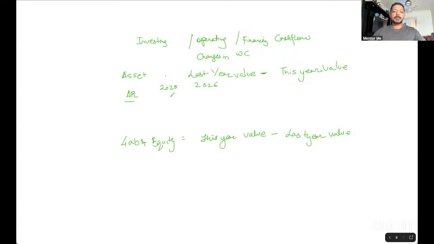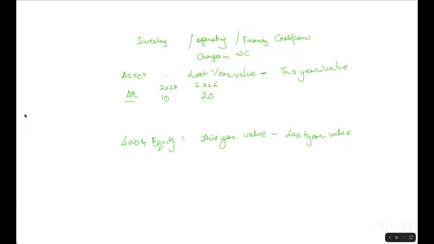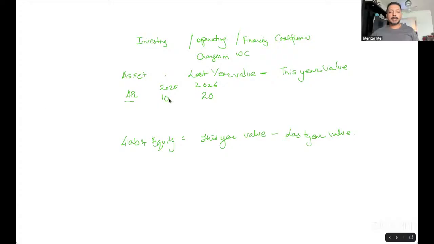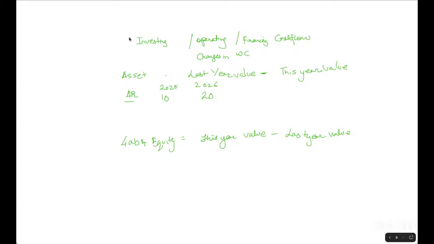If accounts receivable was 10 last year and it is 20 this year, without using this formula, think about it: if accounts receivable is increasing, does it mean I'm receiving more cash or less cash? Less cash. So if I just find the change, how much less cash did I get between these two years? 10. Hence your actual cash flow.